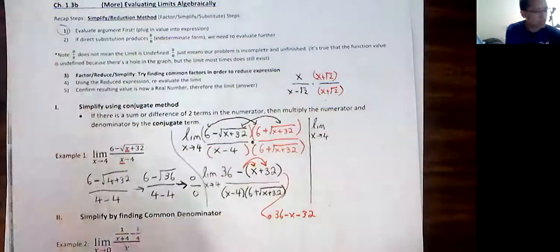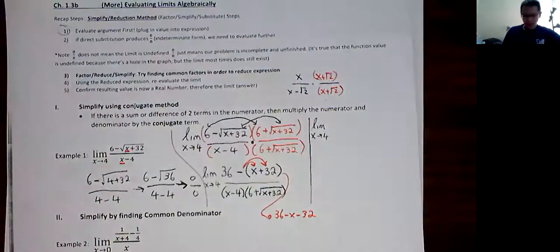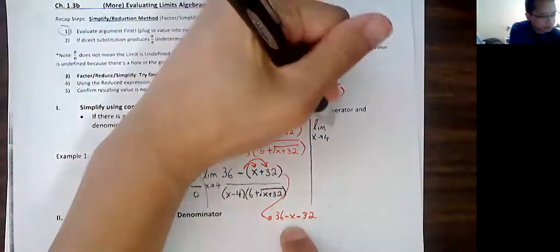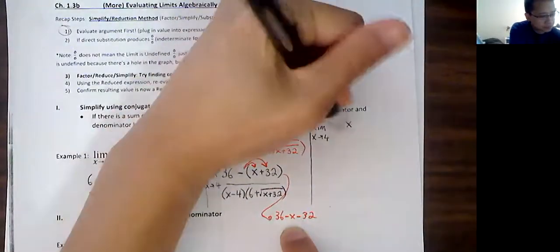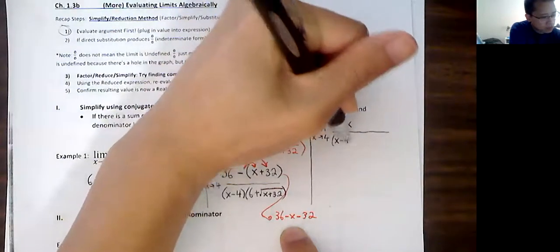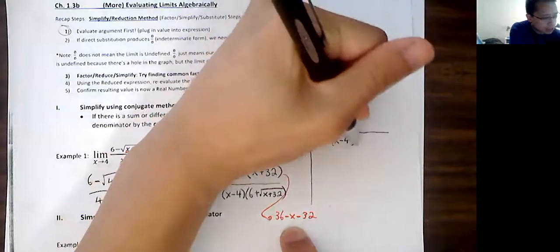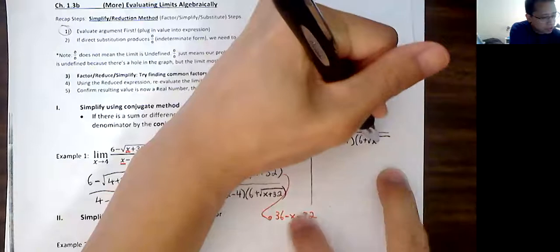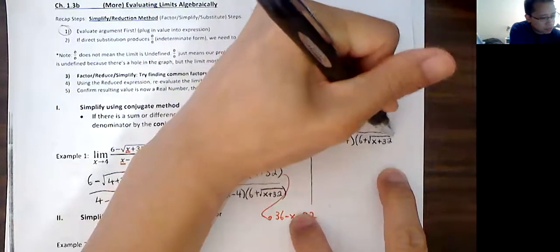I'm distributing the negative through. So now that gets me 4 minus x. So the numerator cleans up nicely. Things are kind of beginning to take shape in terms of matching up for us.